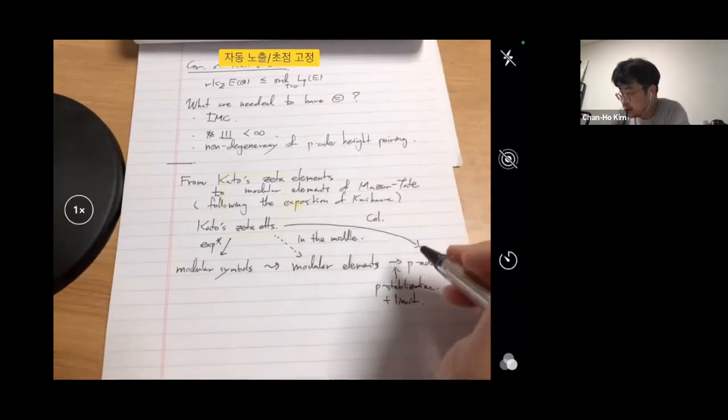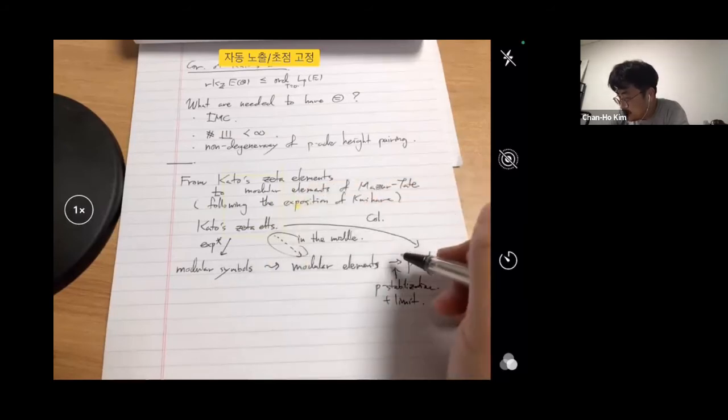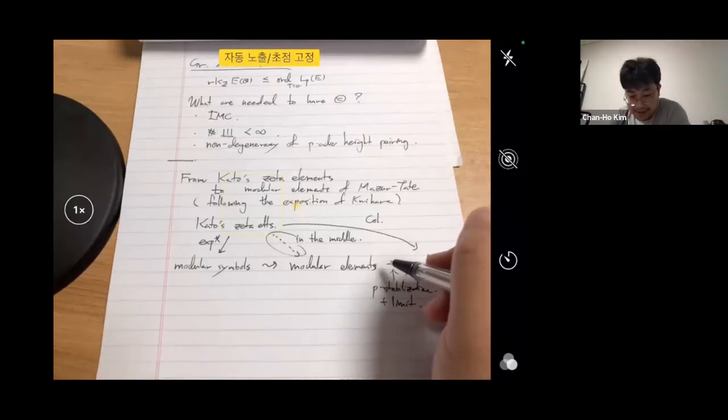Okay, so in order to consider this construction, we need to interpolate the dual exponential a little bit in the finite layer.